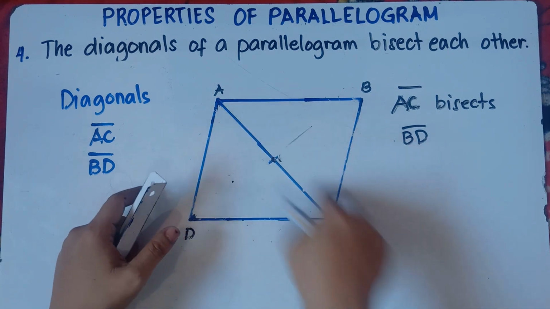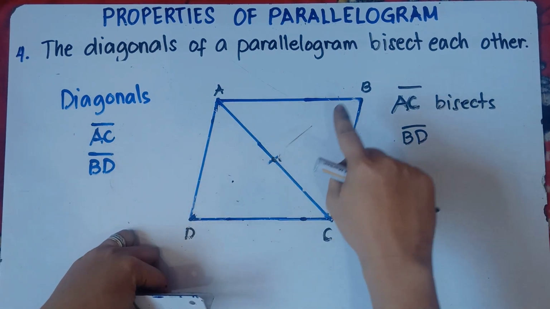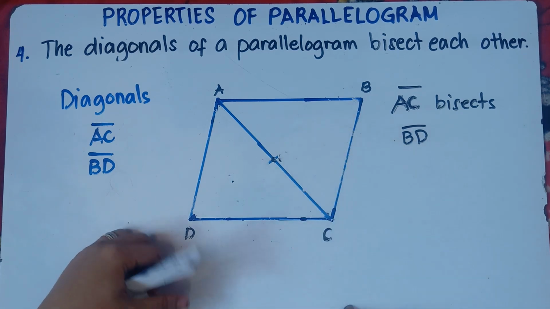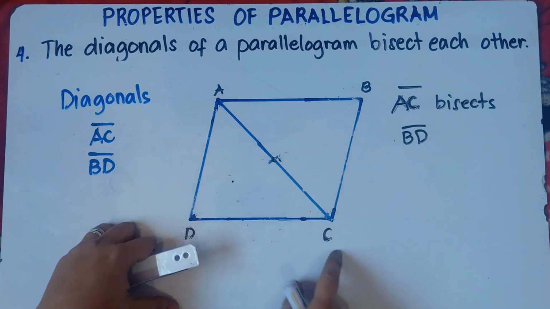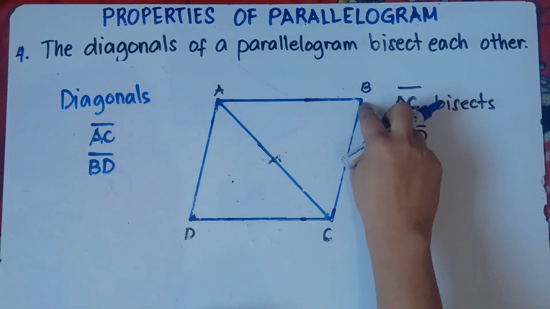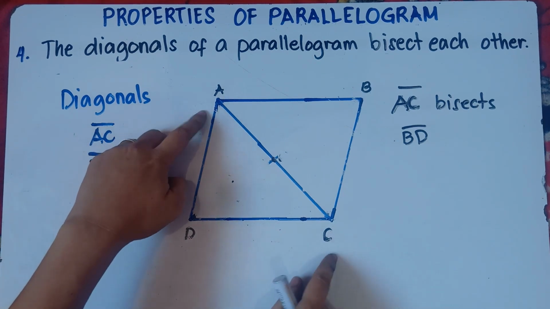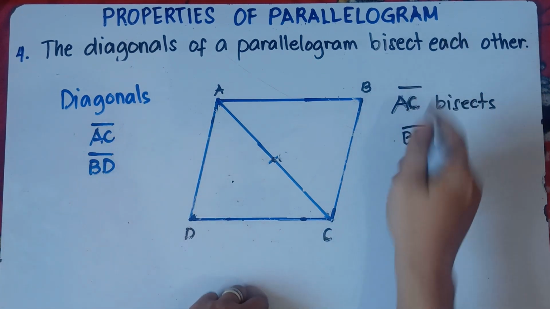They just say that this line is congruent to this line, and this line will be congruent to this line. You need to understand this one, class, that if you have a line AC and we draw another line connecting from point B to point D, you will just cut this AC into two equal parts. That's why it says bisect each other.